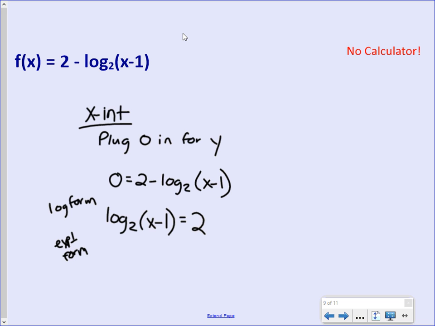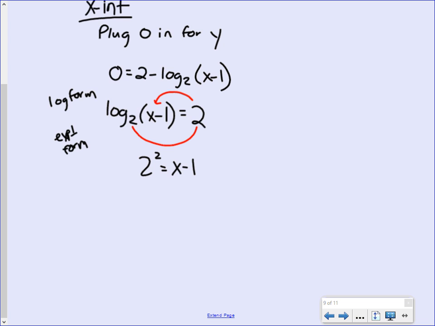And then Lauren says basically use her left, right, left method or your circle method. 2 squared equals x minus 1.